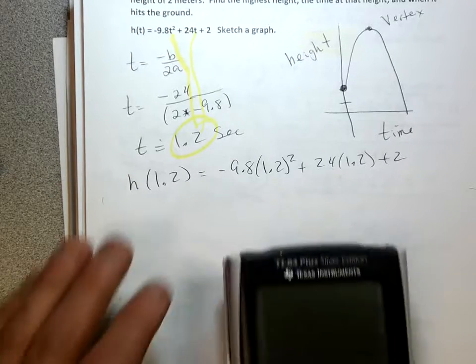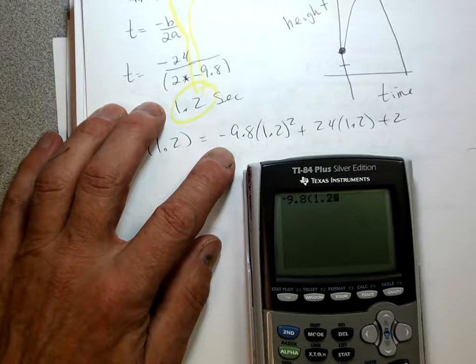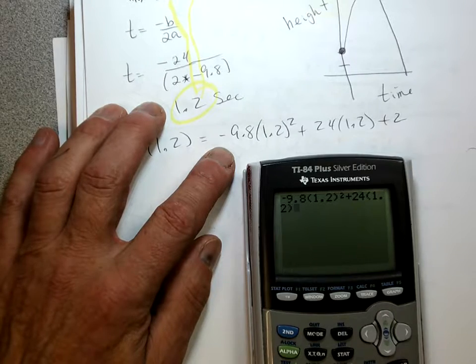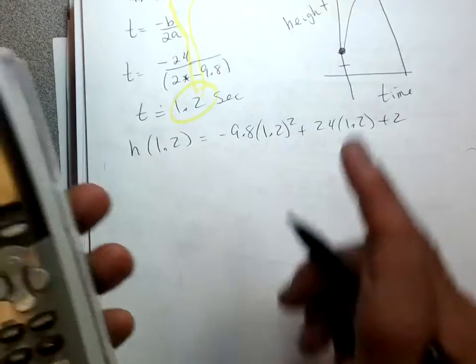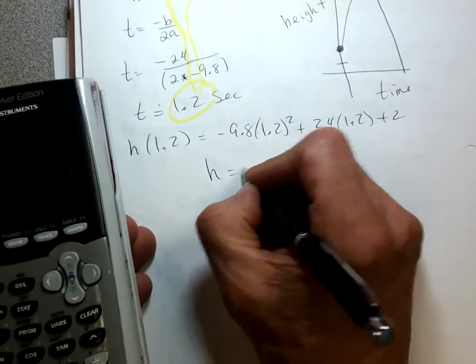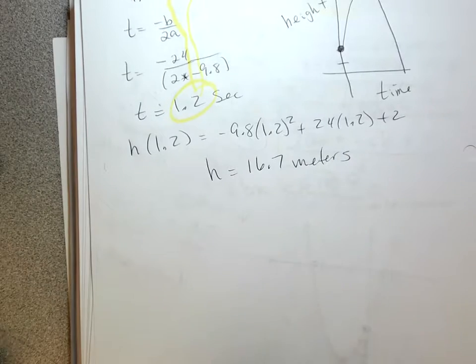They're ugly numbers, right? And we get about 16.7 meters, okay? Height is about 16.7 meters. So all of these answers actually make sense.